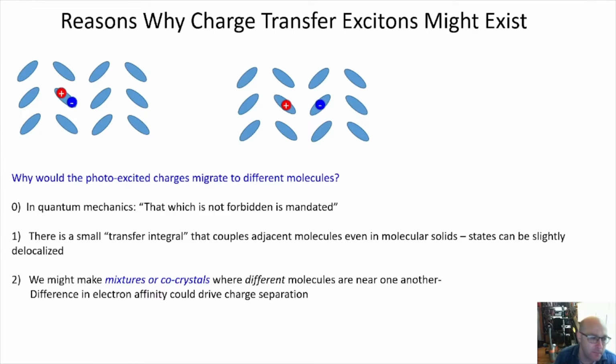And then a third comment you can make about this is that I've drawn this as though the molecules in the solid are all the same, blue ovals. But in fact, what you might do is make mixtures or co-crystals of different molecules where the different molecules have different electron affinities and ionization potentials. So there's sort of a built-in driving force for charge transfer already in the identity of the molecules. So those are three good reasons why CT excitons might exist, and we need to talk about them.